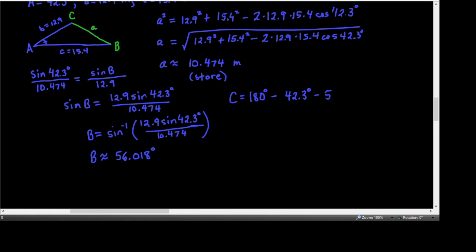I don't think we'll need it again for anything else. I don't know if you really need to store it. It should still be there from your last calculation. You just bring it back and use it right there. So what do we get for C? C is about 81.682 degrees.